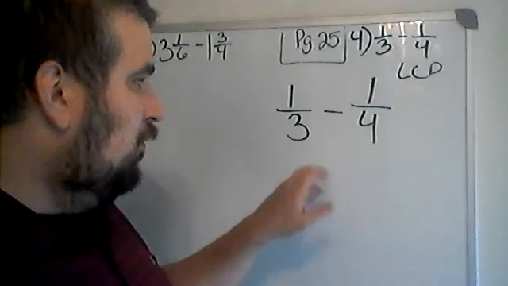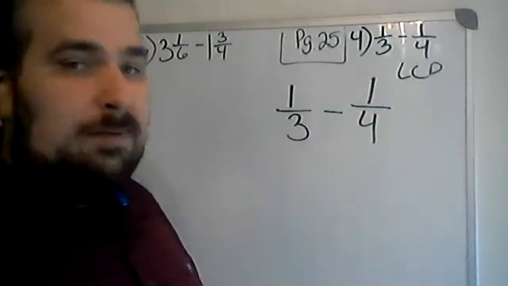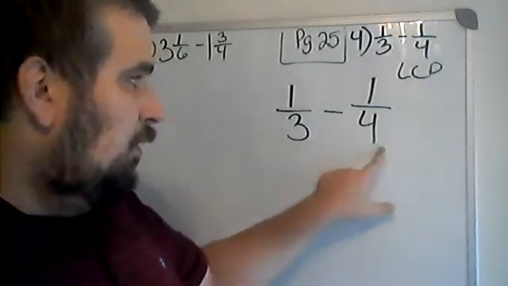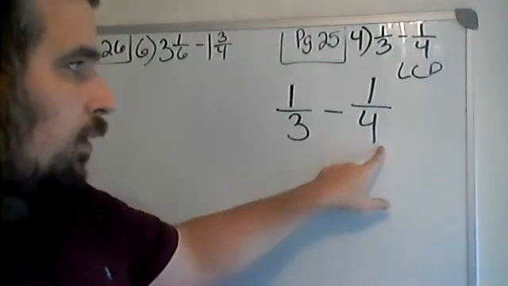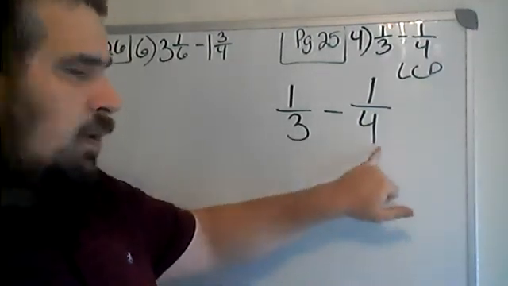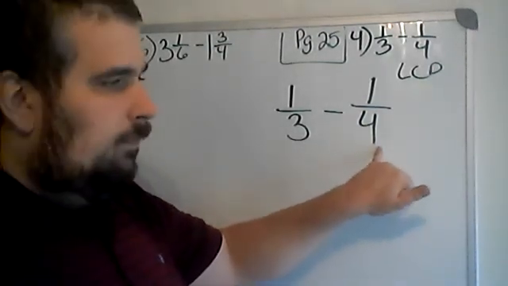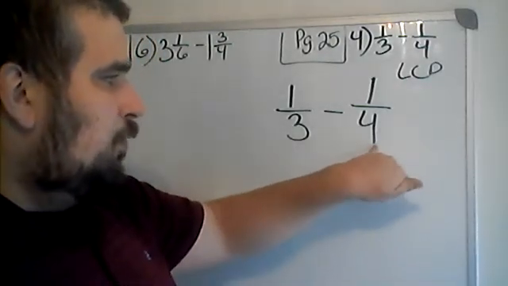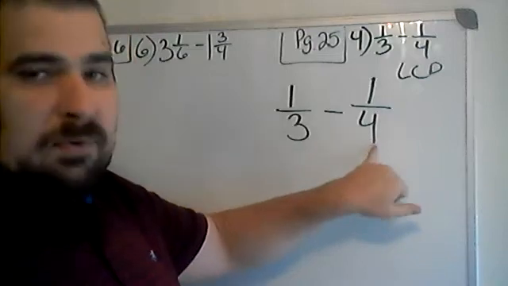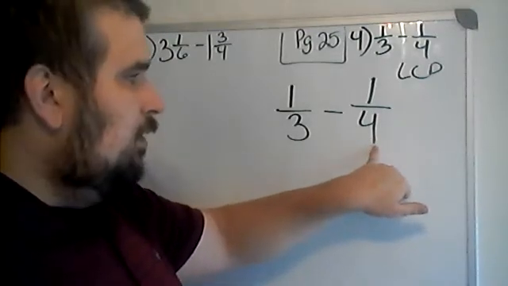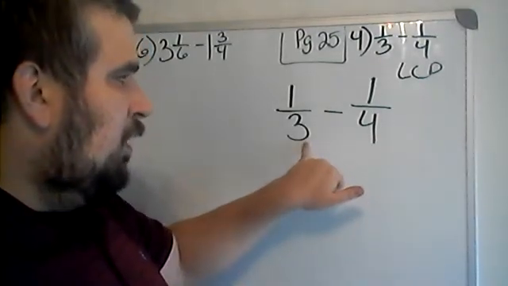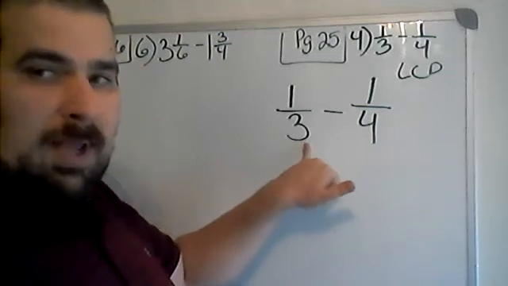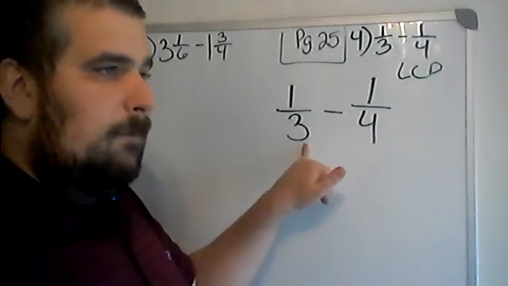So what we do is we first look at our highest denominator, which is 4, since 4 is greater than 3. Can 3 go into 4 evenly? It can't. So the next thing I'm going to do is multiply this by 2. 4 times 2 is 8. Now I need to see, can 3 go into 8 evenly? Nope.